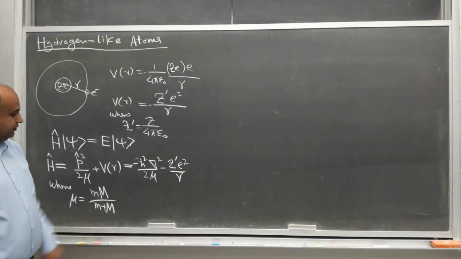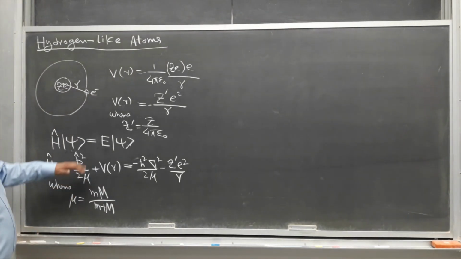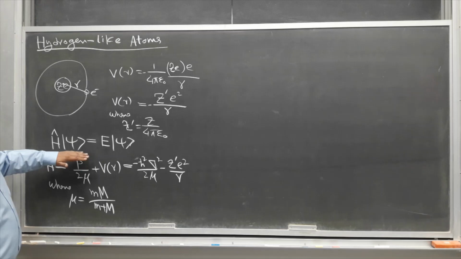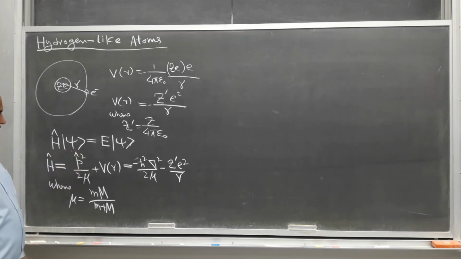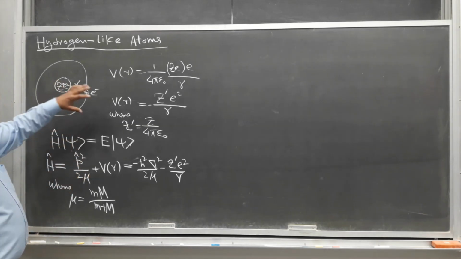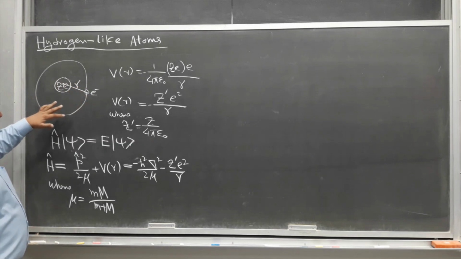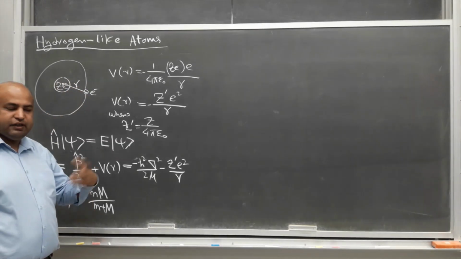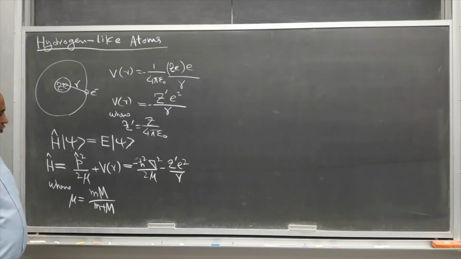So this is our Hamiltonian, and we have to find the eigenstate psi in position space. And more precisely, we will work in the spherical coordinate system, because it's a spherically symmetric potential and it would be a lot easier to work in spherical coordinates than in any other coordinate system.